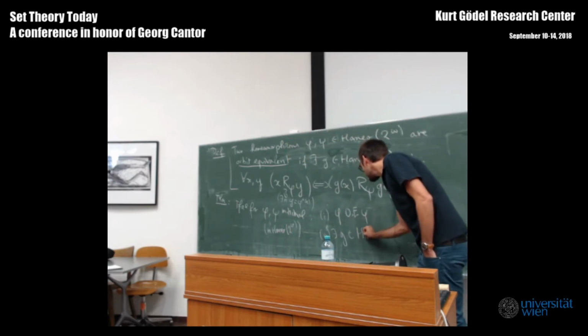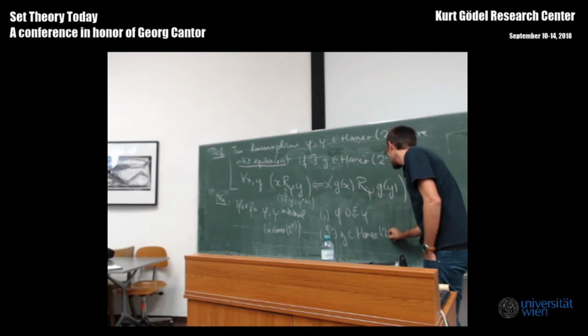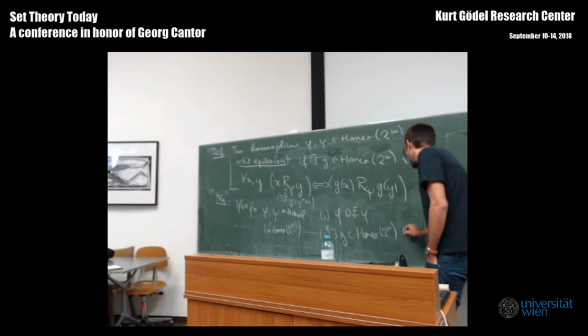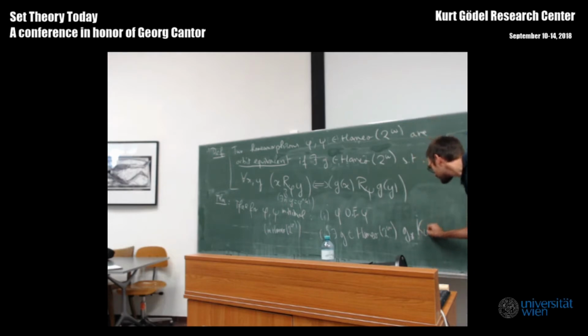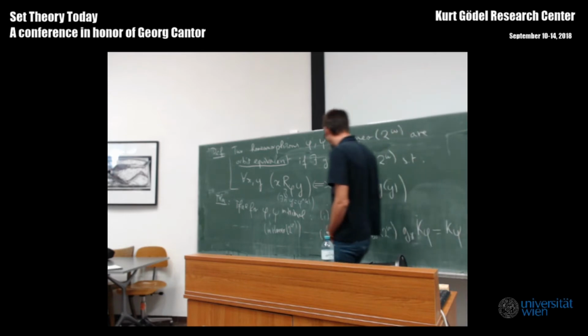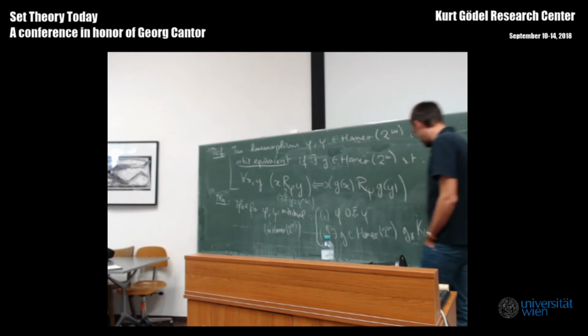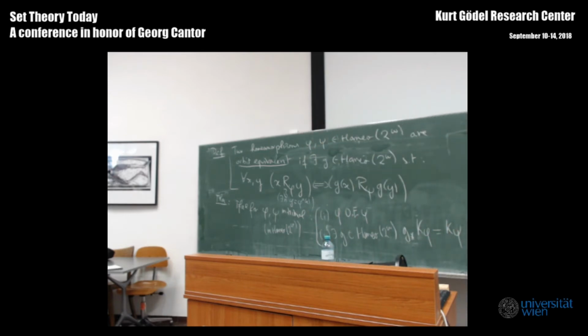Or there exists G, a homeomorphism of the ambient space, such that G pushes forward, as earlier, the set of, so remember this is the set of all phi invariant probability measures, onto the set of psi invariant probability measures.